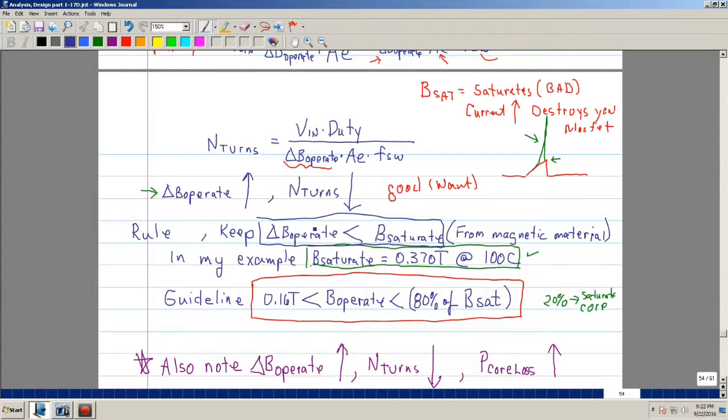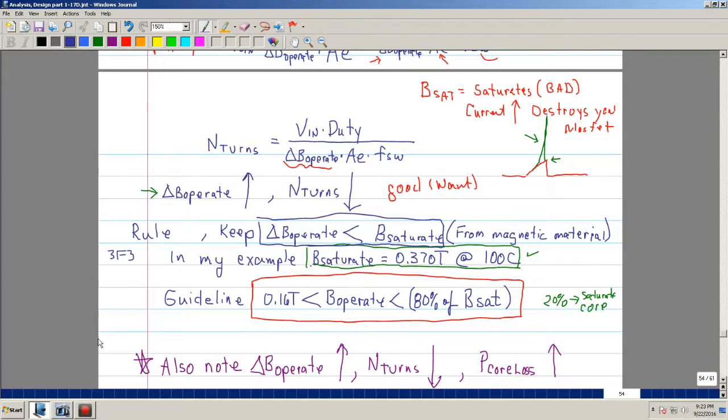You never want this higher than this. So in my example, I'm using, I believe, a 3F3 core. The BSAT is 0.37 Teslas at 100 degrees C. So I'm never supposed to exceed this.